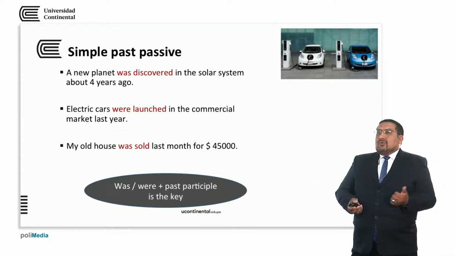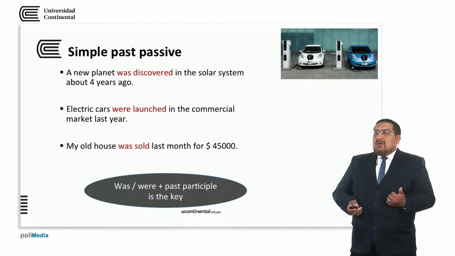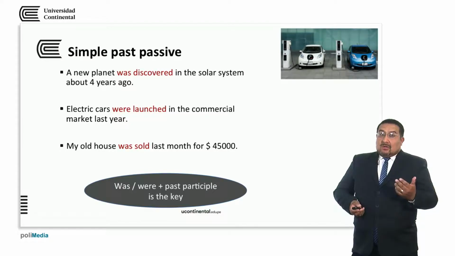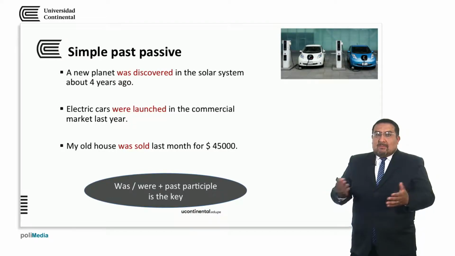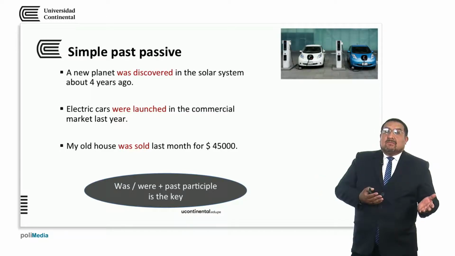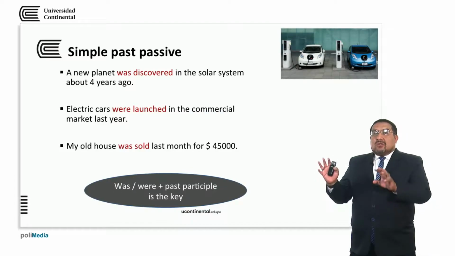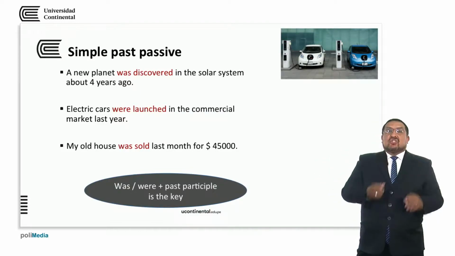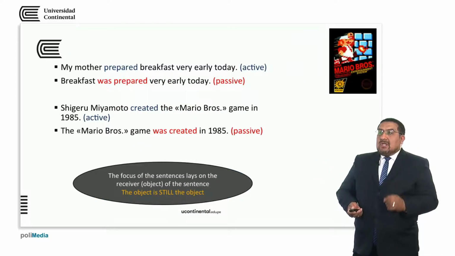My old house was sold last month for $45,000. Good. Who sold my house? My father? My mother? Probably both. Probably the whole family. But I am not mentioning them. I'm just mentioning my old house because that is the focus of my attention. So remember this.